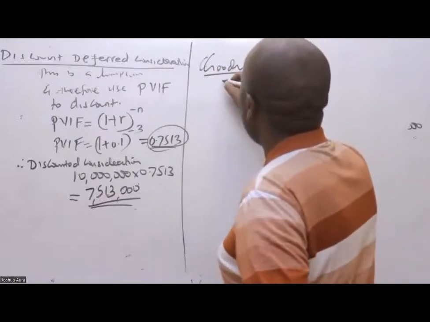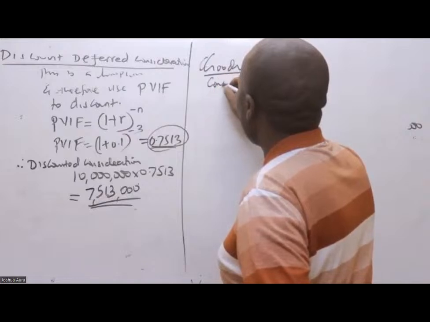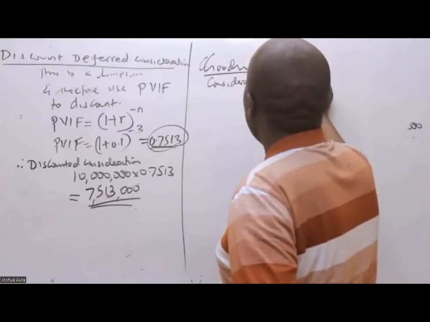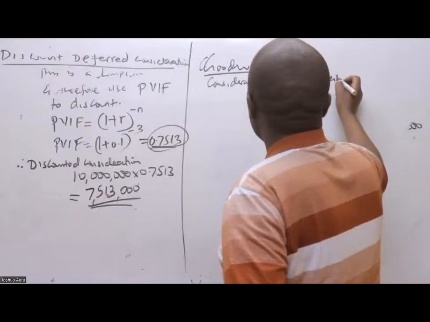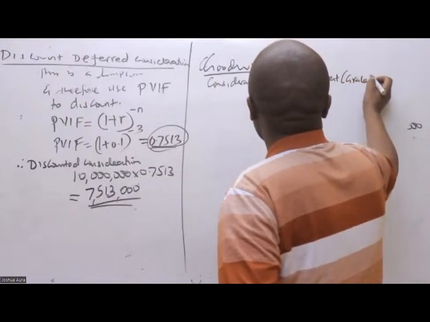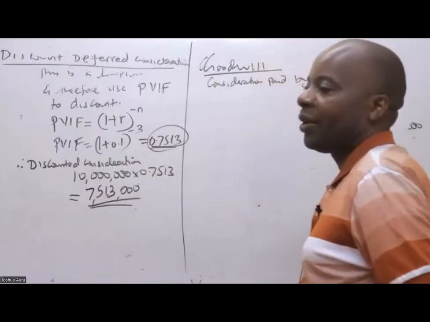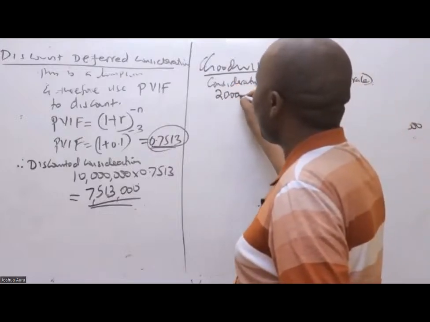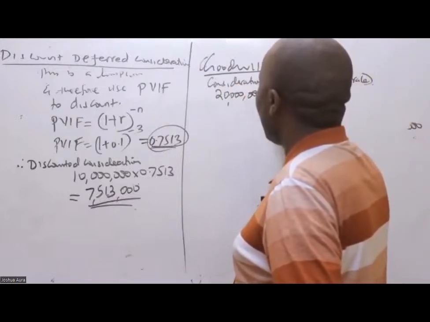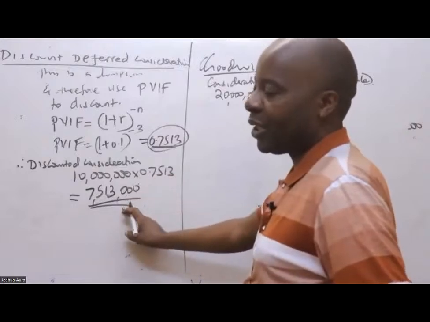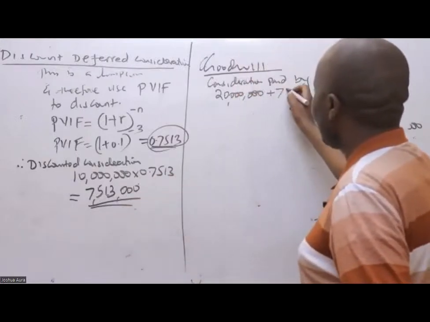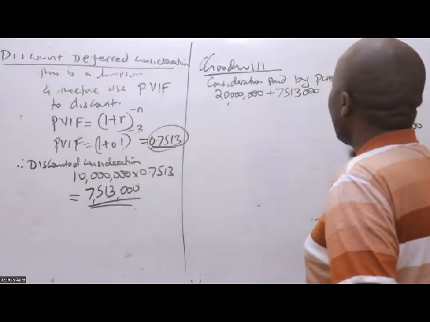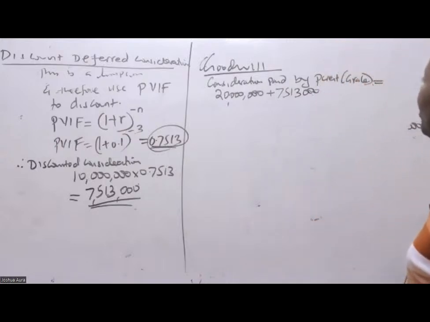Then I will have here the consideration paid by the parent, who is Grace. Remember, Grace made an immediate consideration of 20 million. And then now we have this deferred consideration of 7,513,000. So can somebody give me this figure? This figure here will be 27,513.